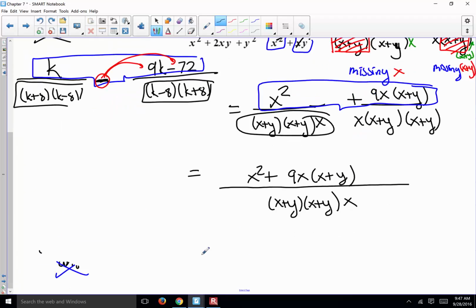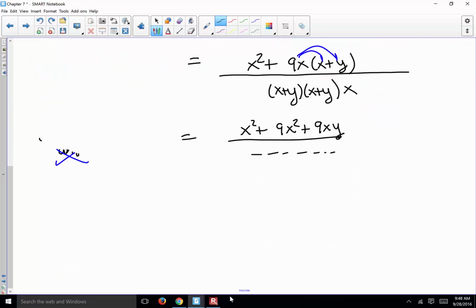How can I do that? First off, clear all parentheses. Multiply this 9x as 9x squared and 9xy. And the denominator is the same. I'm not repeating it. And I see these are like terms. Can I combine them into 10x squared?